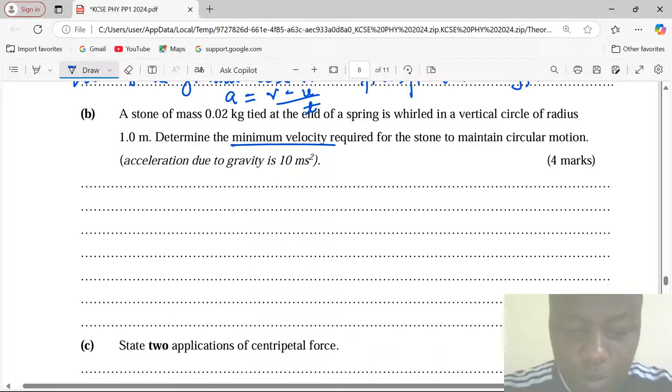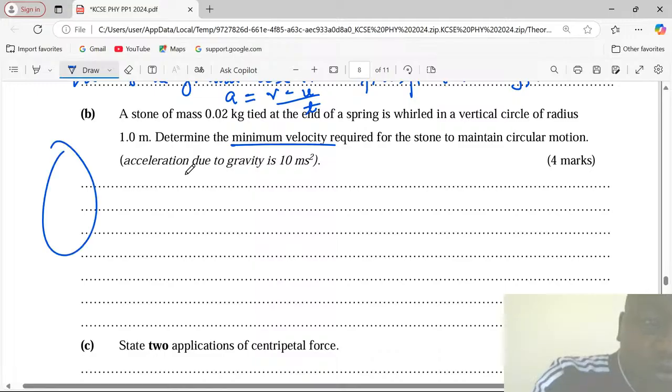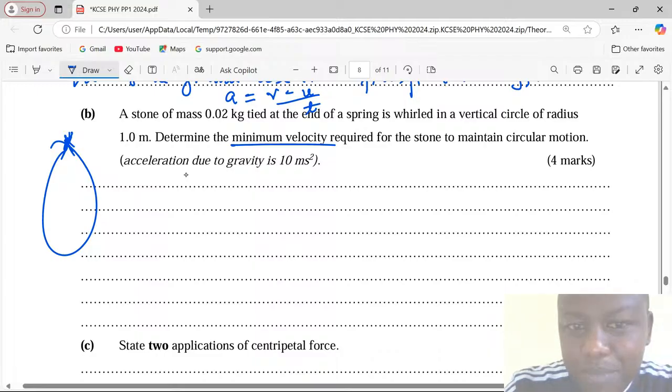It's good for you to know that at maximum height, or at the topmost point, that is when we require minimum velocity. So in a vertical circle, there is a point where the object will be at the topmost point. That is the time when we will have minimum velocity. And at minimum velocity, we should know that there is maximum height.